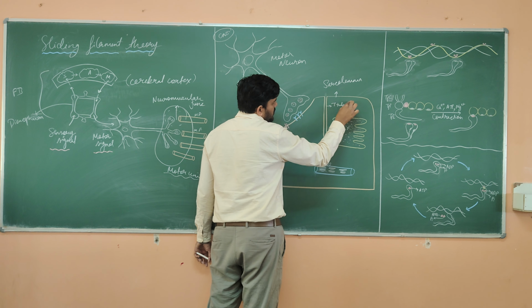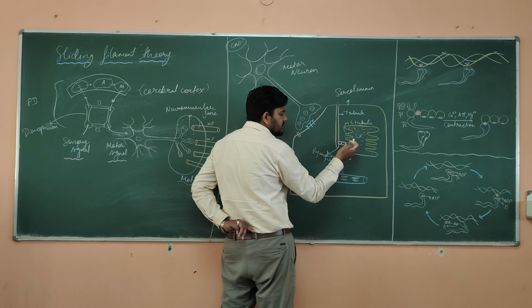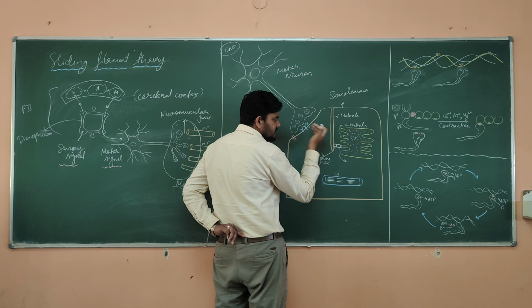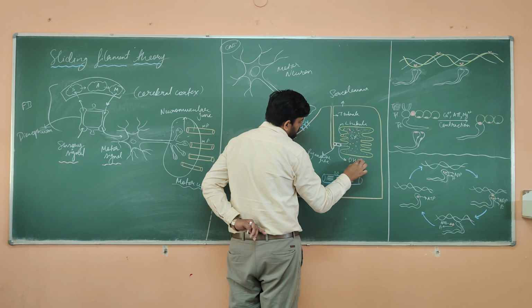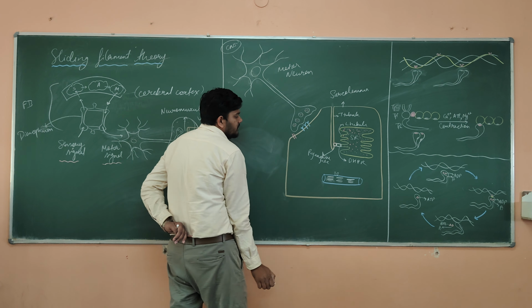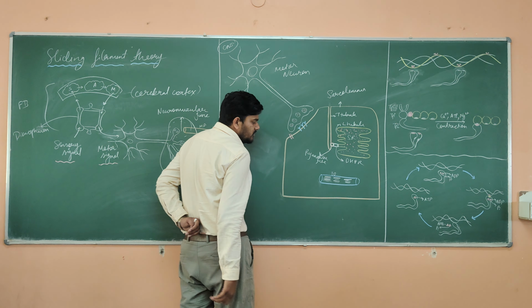This physical linkage is made by two proteins: the red one, the ryanodine receptor, and the white one, DHPR, the dihydropyridine receptor. Why it is important, I will tell you.